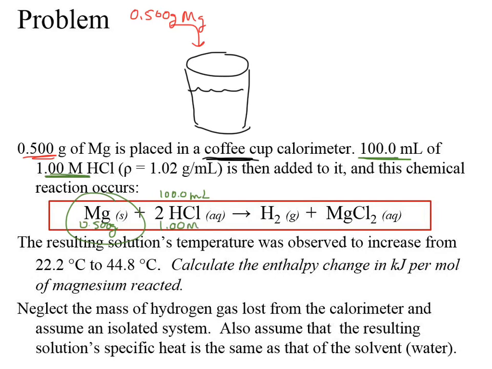So under my HCl, I'm going to squeeze in green, the density of my HCl is 1.02 grams per milliliter. That's all my HCl. And then actually, just for kicks, I'm going to go ahead and say similar information there.